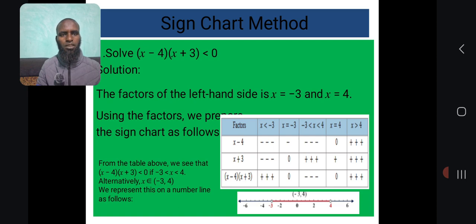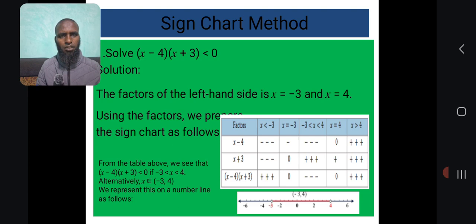Using the factors, we'll have the first factor to be x minus 4 and x plus 3 as the second factor. We'll search for the numbers that make these factors 0: x equals 4 and x equals minus 3.